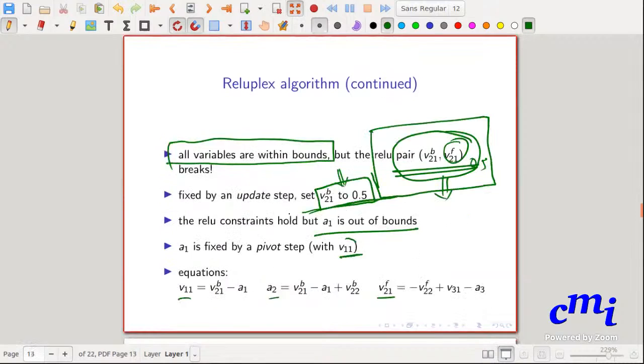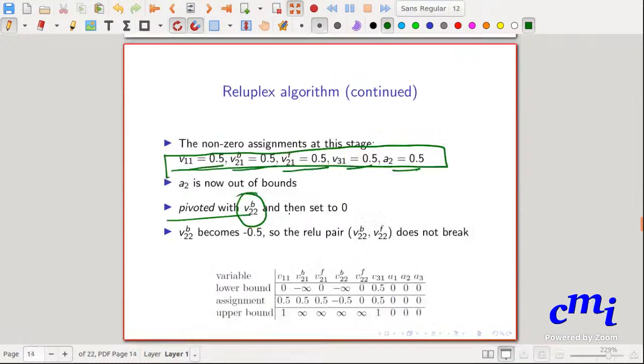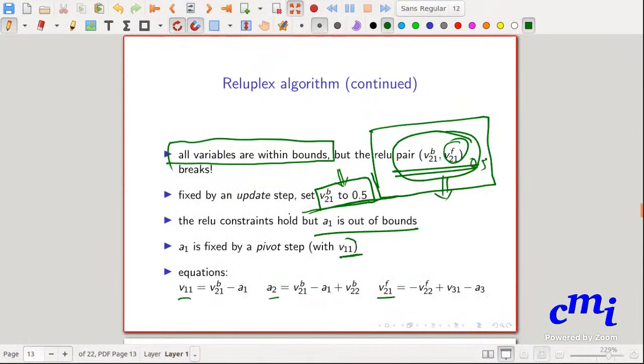Just one clarification. I think in your table, what is basic and what is not basic is not exactly shown. After the previous step, what happened? Go to the previous slide. Here the equations are V11, A2. This was not the original one. What happened was, the dependent variables, you have pivoted.